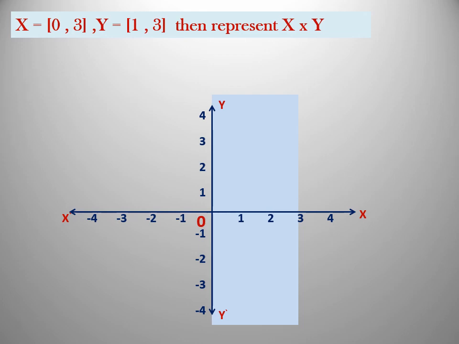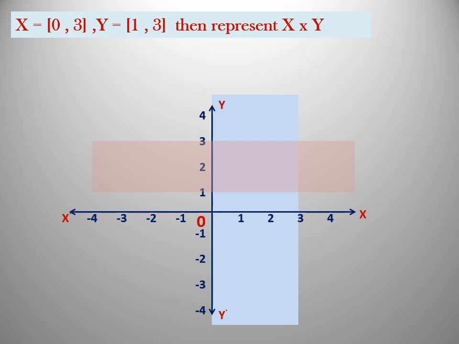And then we'll represent y, or will represent the second interval on the vertical axis, which is 1 to 3. So I will go to the y-axis and represent this interval on it, like that, 1 to 3, and will extend it in both directions.